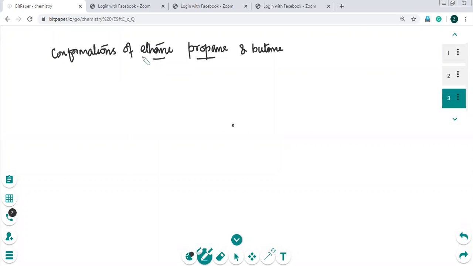Now this comparison you have to do by yourself. I will just give you an idea about the conformation of butane today.